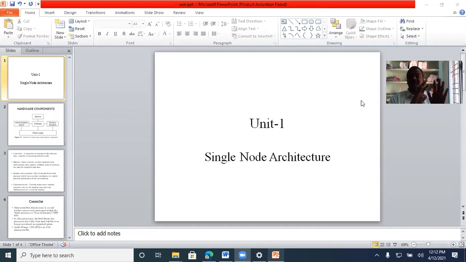And the one and only important point is the power supply. So I repeat, what are the minimum requirements for any node?